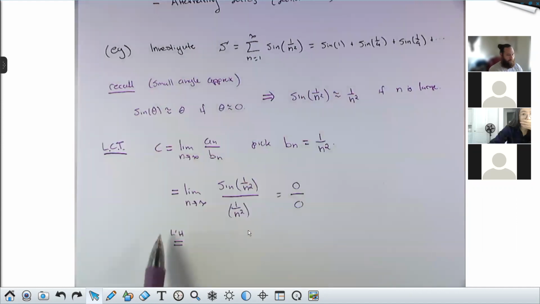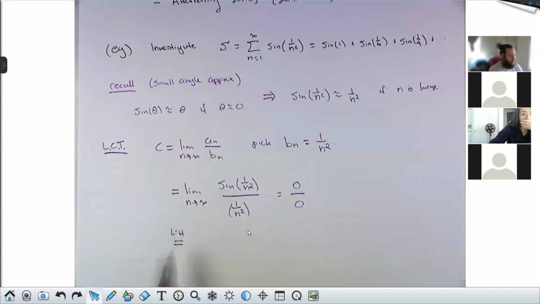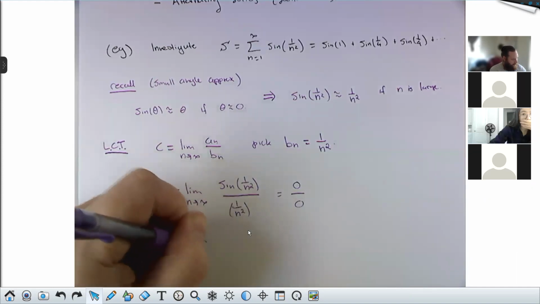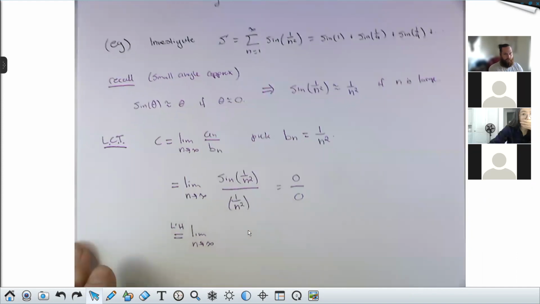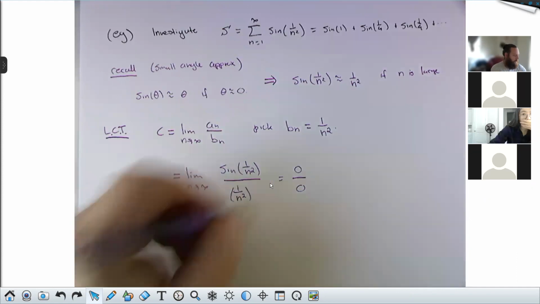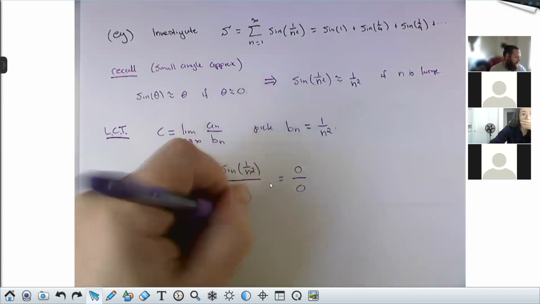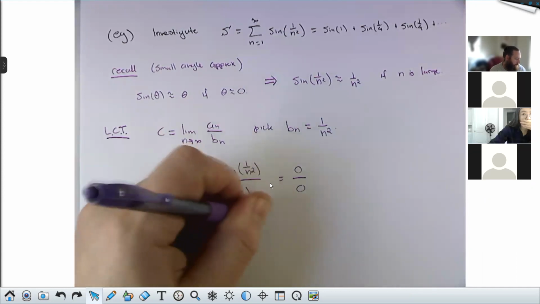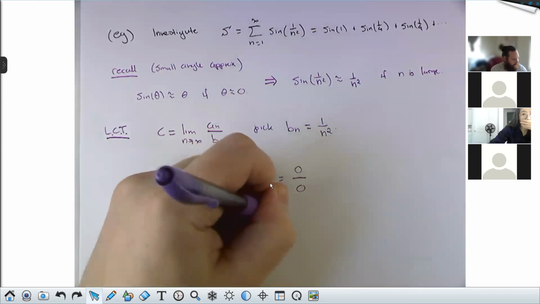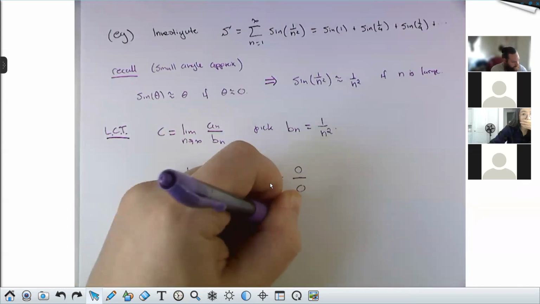And it's nice to let your reader know what you're doing when you use L'Hopital's rule. You don't have to write it exactly like this, but I like to put a little LH just above the equal sign. L'Hopital's rule says take the derivative of the top and the derivative of the bottom separately, then you can try again. So upstairs, the derivative of sine of 1/n² would be cosine of 1/n² times the derivative of 1/n², which is -2/n cubed.